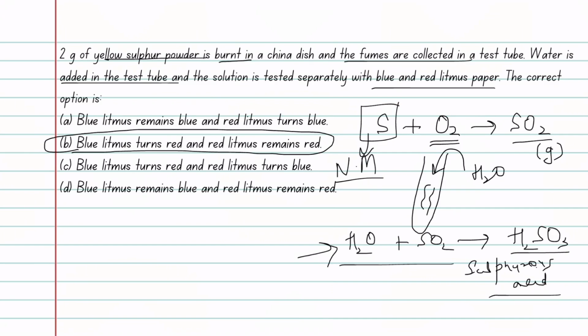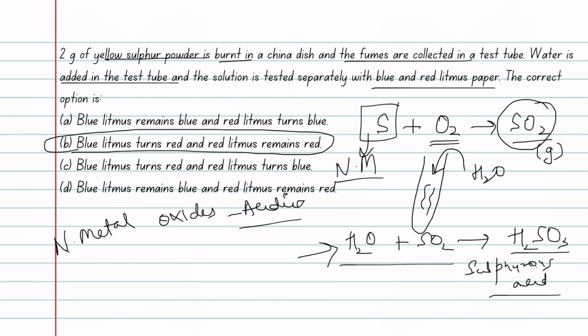The oxide that we got after burning it in the air was a non-metal oxide, and non-metal oxides are always acidic. Non-metal oxides are acidic and basic oxides are metallic oxides, right?